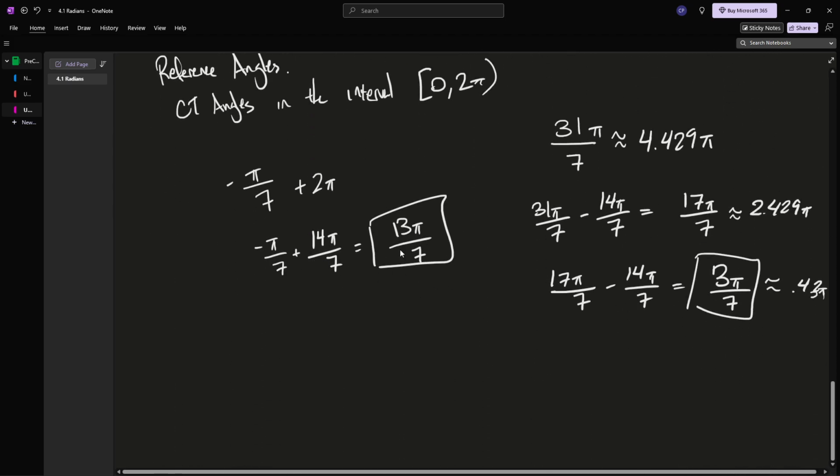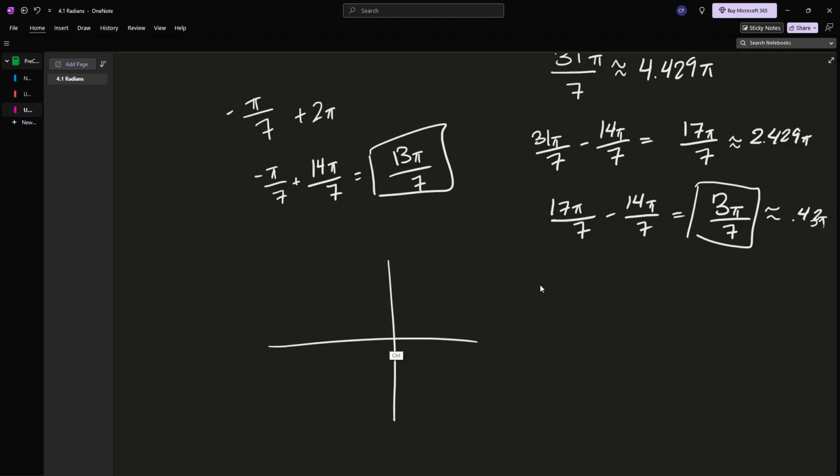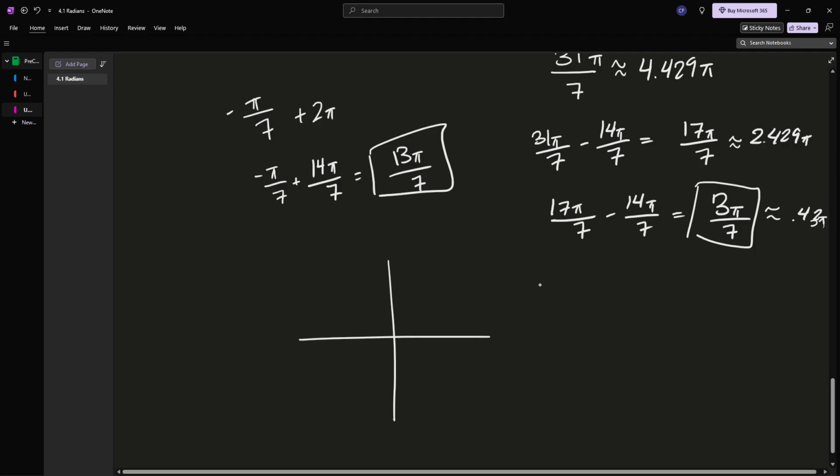So sketching angles, let's just take these two angles for example, 13 pi over 7 and 3 pi over 7. I have no idea what those look like. But on a basic circle, if we treat straight to the right as 0, that would be 0.